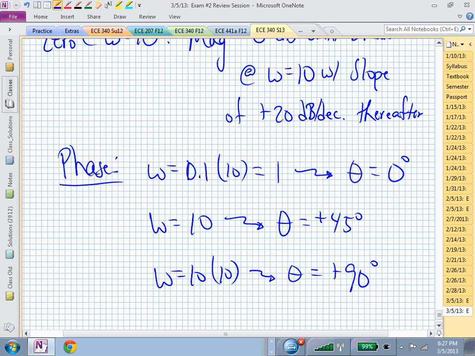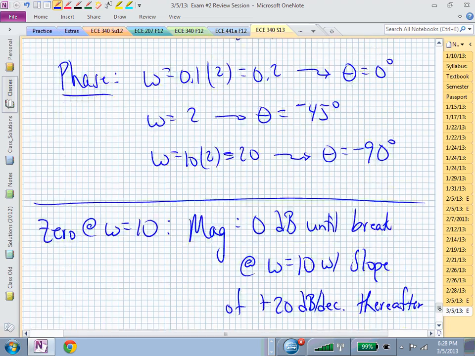And now I have all of the frequency information that I need to start sketching my plot. I go and find the smallest frequency. The biggest frequency that I have is this guy, and that's 100. That's where everything quits changing in terms of phase.